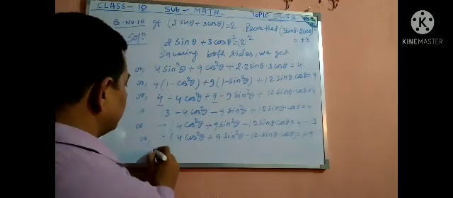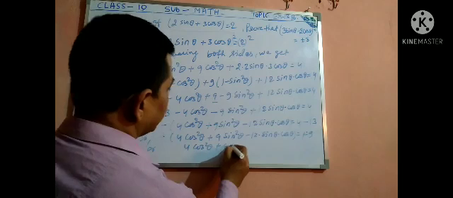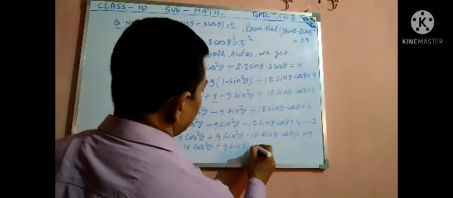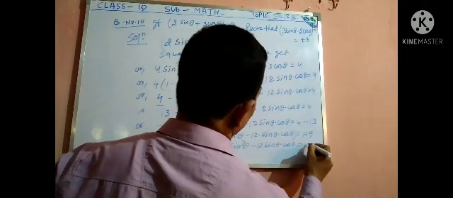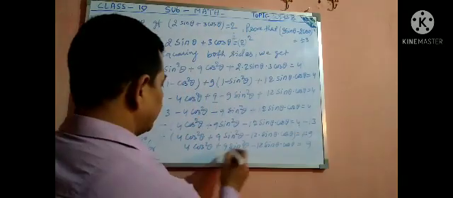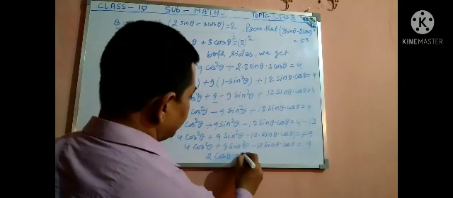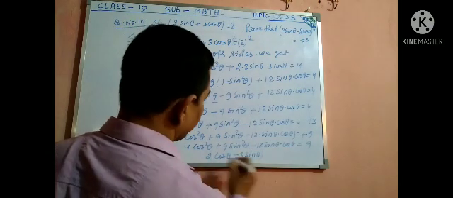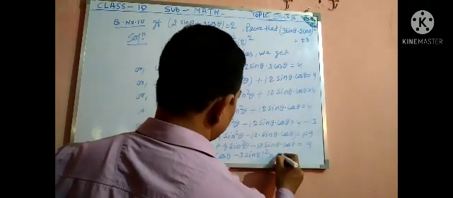So that is 4 cos square theta plus 9 sin square theta minus 12 sin theta into cos theta is equal to 9. So that value is 2 cos theta minus 3 sin theta whole square equal to 9.